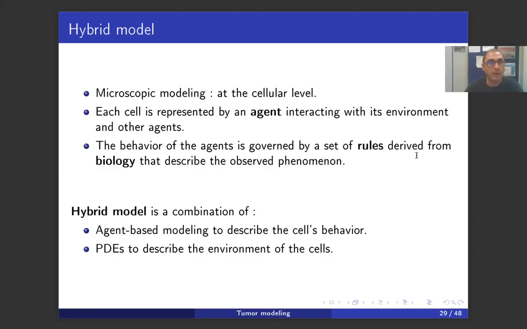We will use agent-based modeling to describe the cell's behavior and also a PDE equation to compute the oxygen. In this work, we suppose that the environment of the cells has only one nutrient, as in the first part, which is the oxygen.